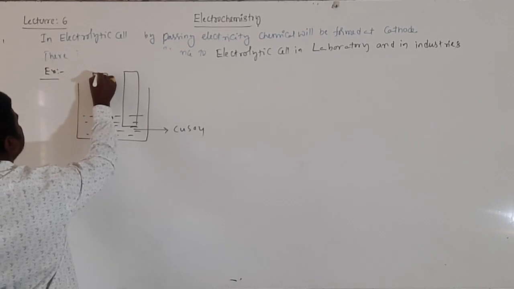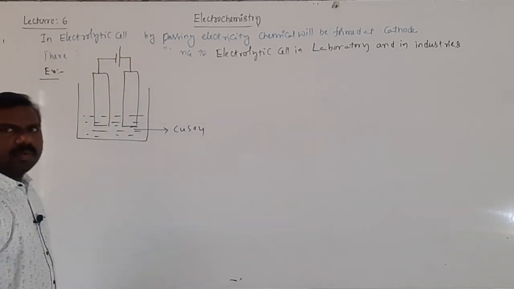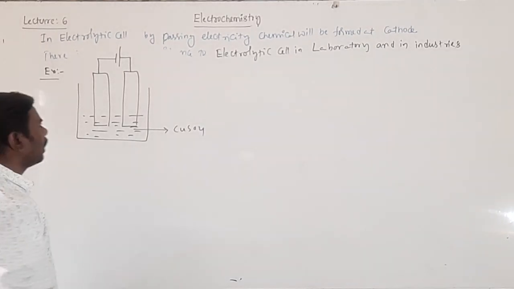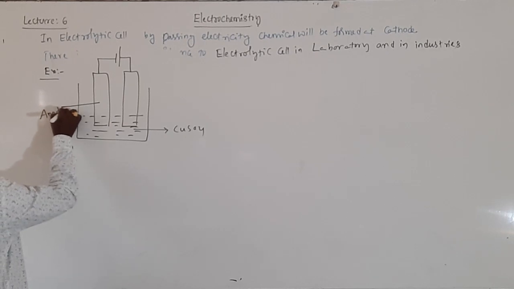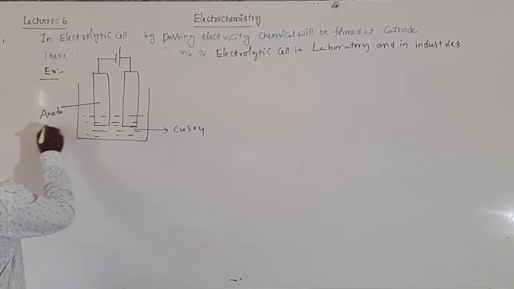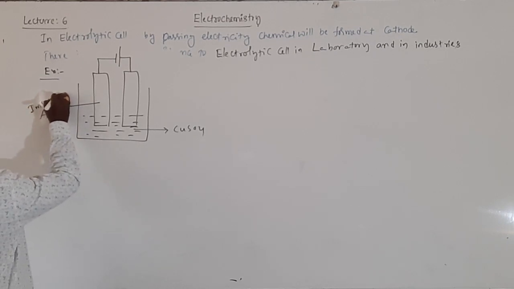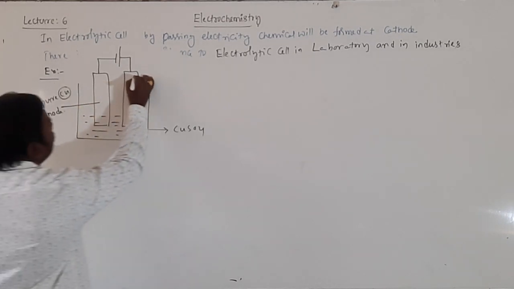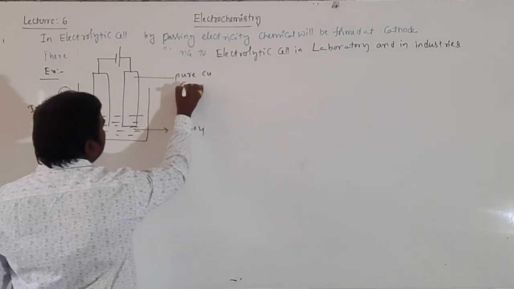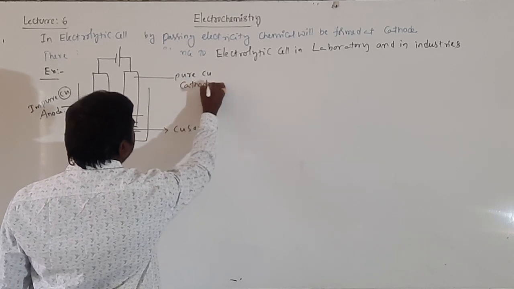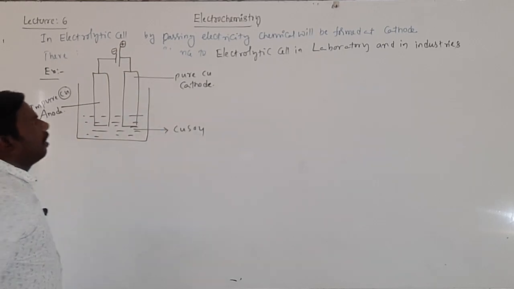One is acting as cathode, another one as anode. This is the impure copper rod, the anode. The pure copper rod acts as cathode. It is connected to the positive terminal of the battery, and the other to the negative terminal.